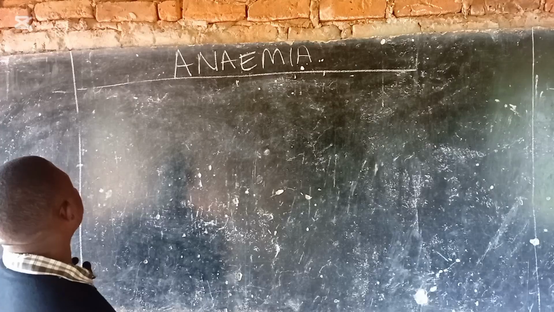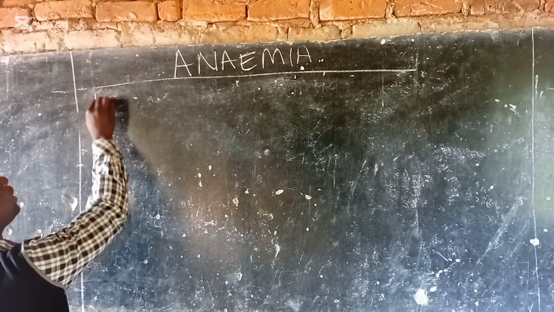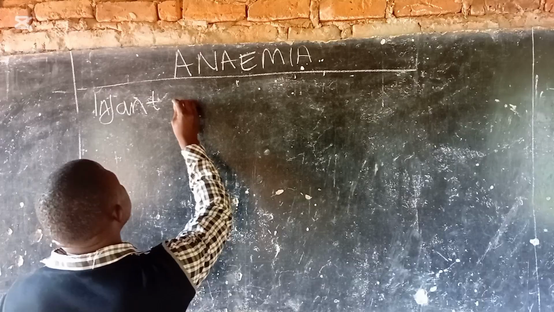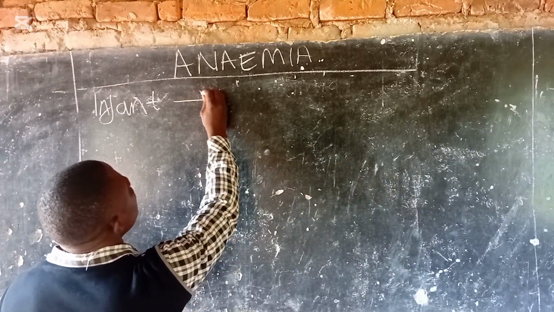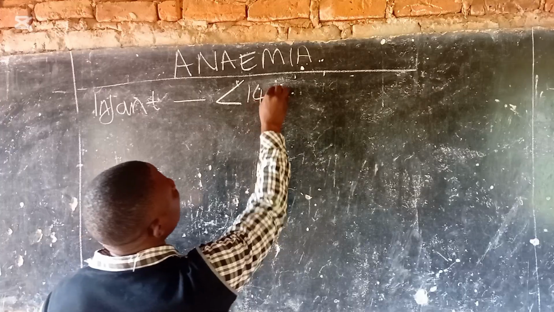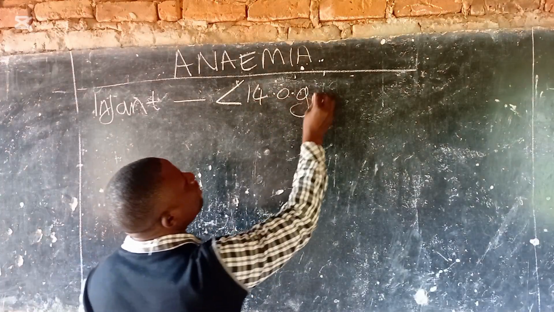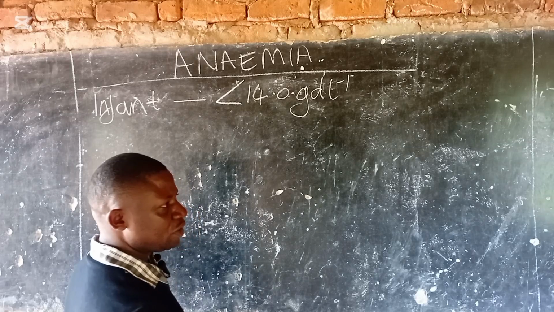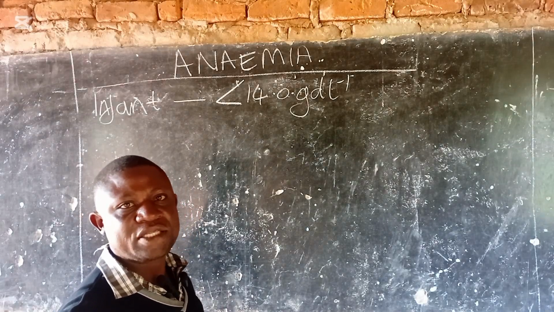So, to consider an infant to be anemic, it must be less than 14.0 grams per deciliter. You get me, class?